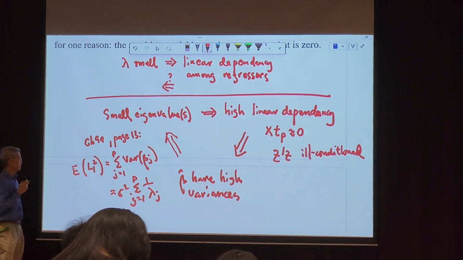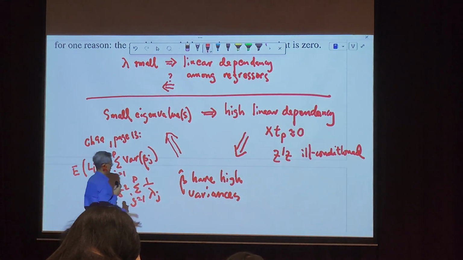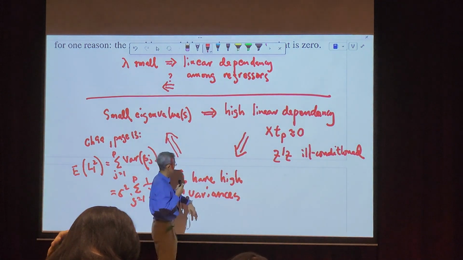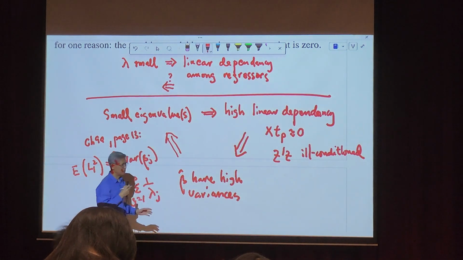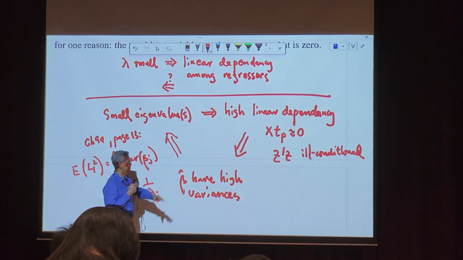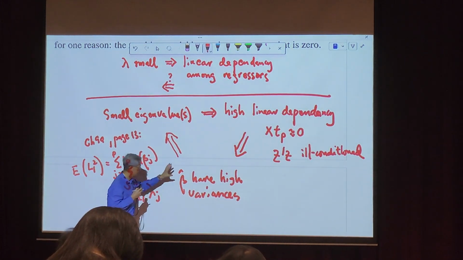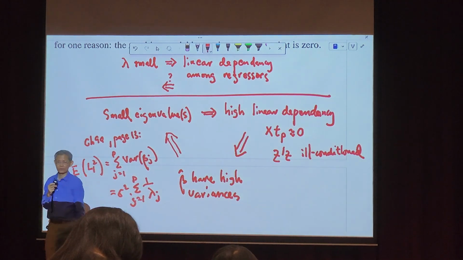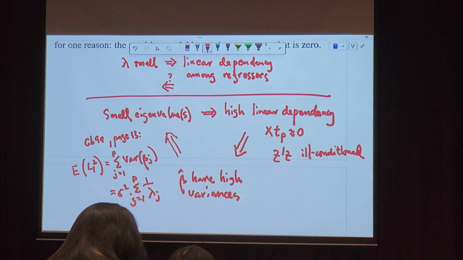So if my X prime X matrix has small eigenvalues, that means beta must have high variances, and there must be high dependency. If I know that there is high dependency among the regressors, then the eigenvalues will be small and beta will have high variances. Okay, so that's what we can deduce from all the results that we have learned.